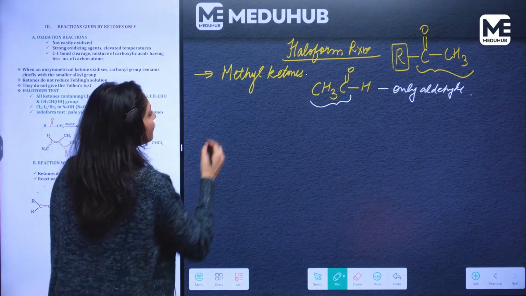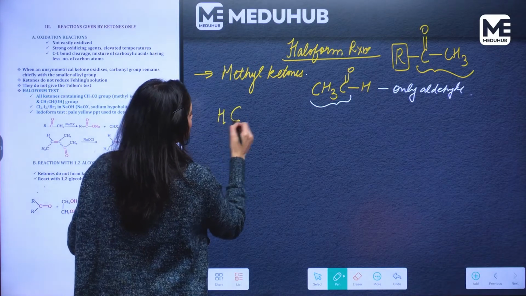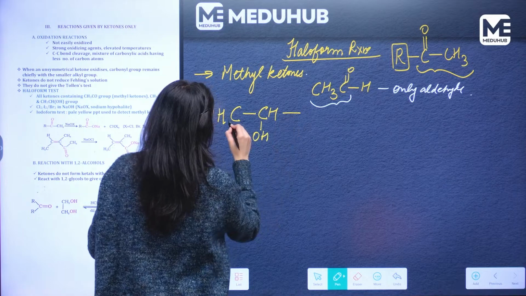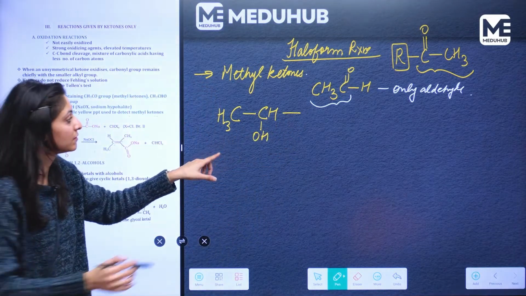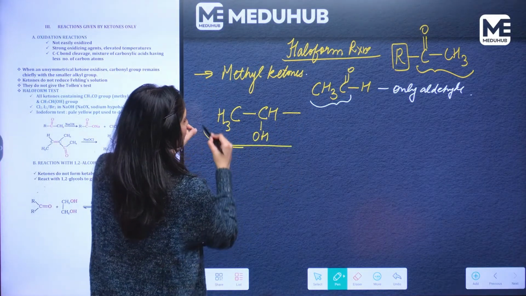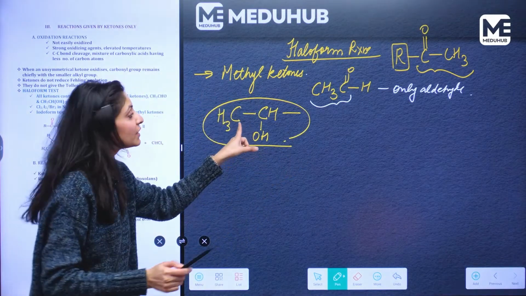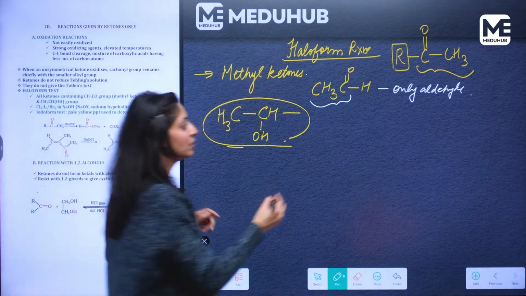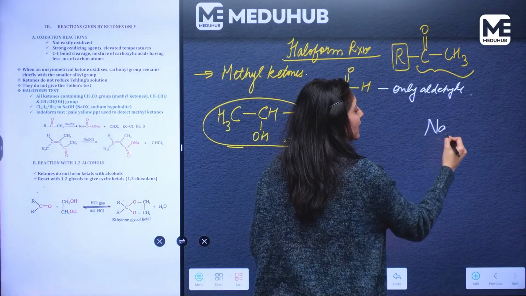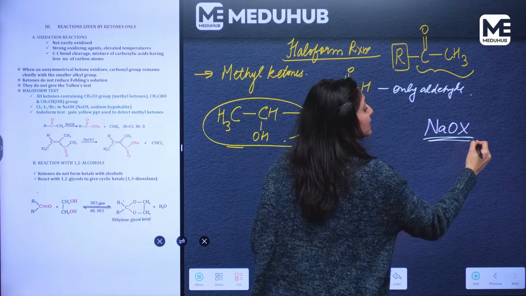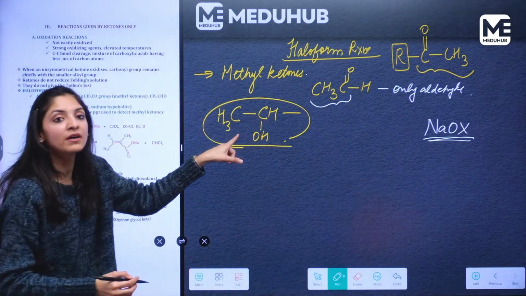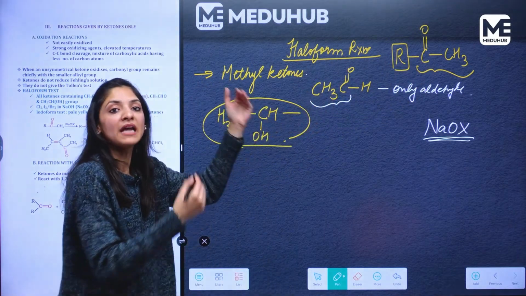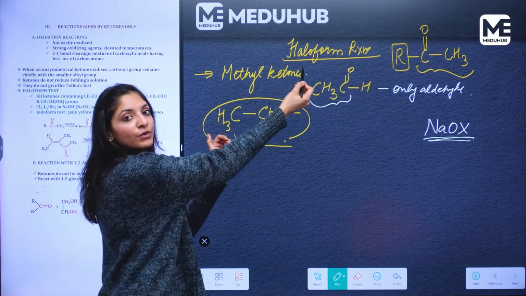And thirdly, if we have an alcohol like this, with this group present, this also gives the haloform test because the reagent used for a haloform reaction, sodium hypohalite NaOX, is an oxidizing agent. So this group here will first get oxidized to an acetyl group, and once it has become an acetyl group, it will give the haloform reaction.